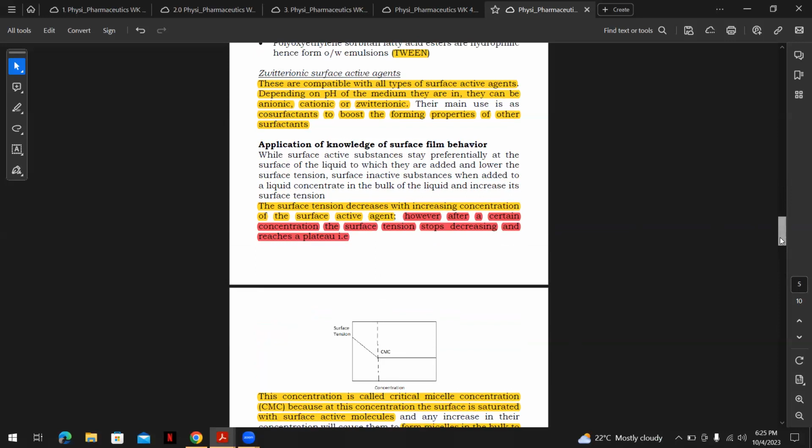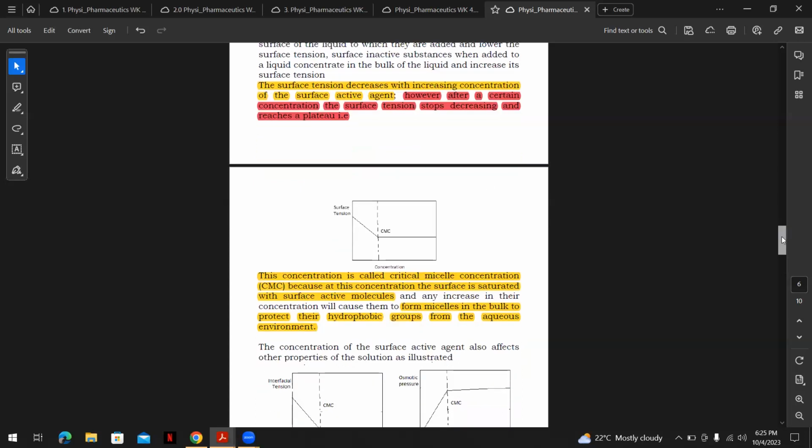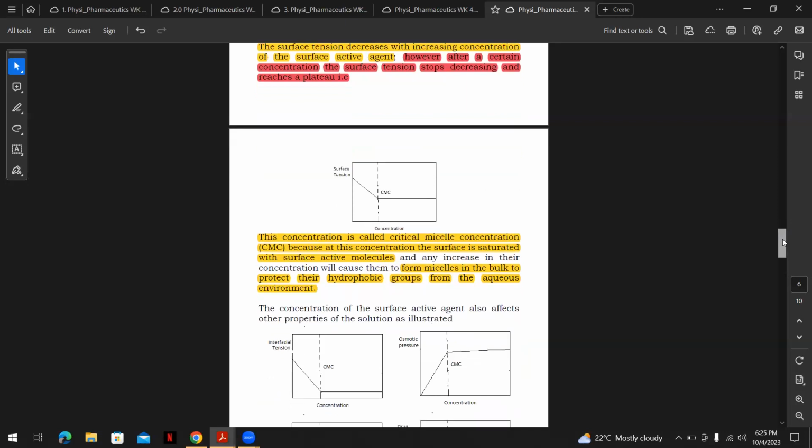Yes, this is what I was talking about, the critical micelle concentration. Surface tension will decrease, of course, with increasing concentration of surface active agent. However, at a certain concentration, it will stop decreasing and reach a plateau. This concentration is called the CMC.